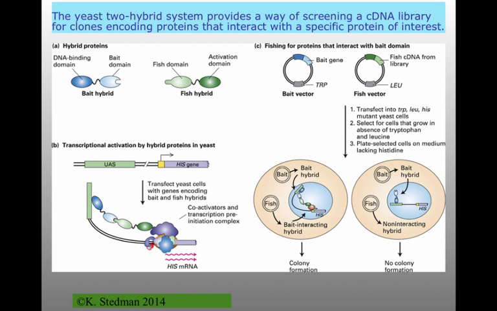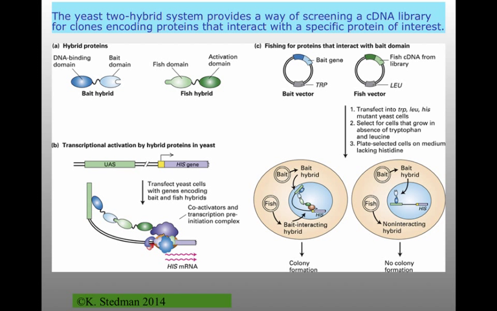The way this is described in the textbook, which I think is a little too complicated, so I did a little bit more of this background, you have a DNA binding domain over here and a DNA activation domain over here. So the blue one and the green one. Now what you're looking for here is an interaction between these two different domains.